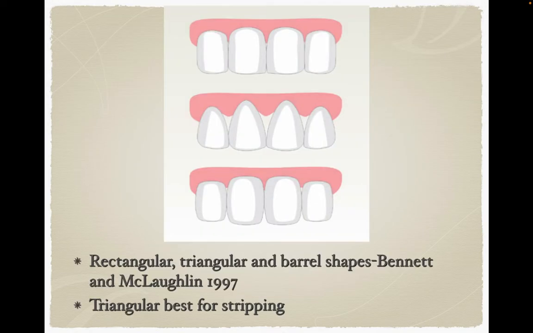When you do stripping, you need to look at the anatomy of the teeth, because the teeth that provide the most space are triangular teeth. After that are the parallel-sided teeth, and the worst for interproximal reduction are teeth shaped like this. So in the clinic, when you decide to do interproximal reduction, take a look at the anatomy of the teeth, because you don't have to rush to do stripping for a tooth like this, since you're not going to get a lot of space.